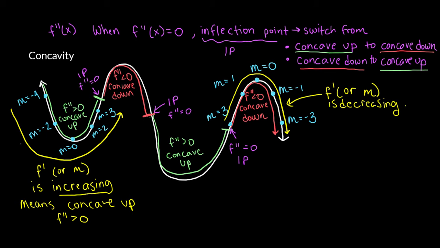And whenever the first derivative is decreasing, that means our graph is concave down, which means that our second derivative is negative. So whenever our second derivative is negative, we're going to see that the first derivative, or the slope, decreases for that interval. So this is just an introduction to concavity. We're now going to look at the second derivative tests and tests for concavity.